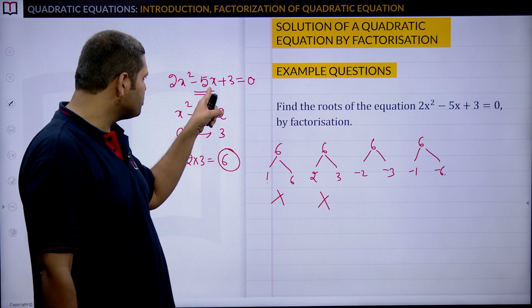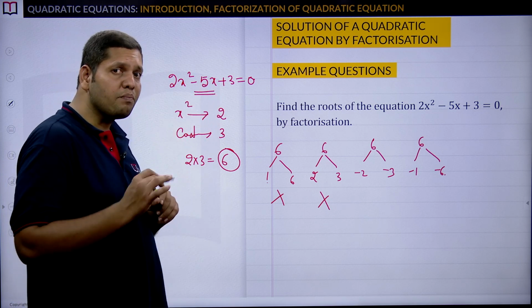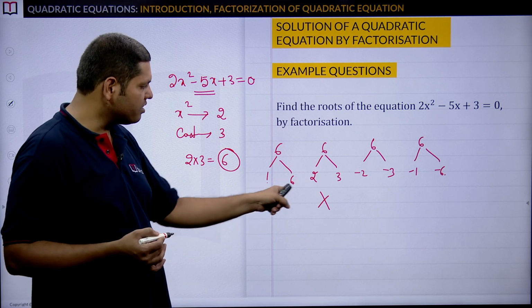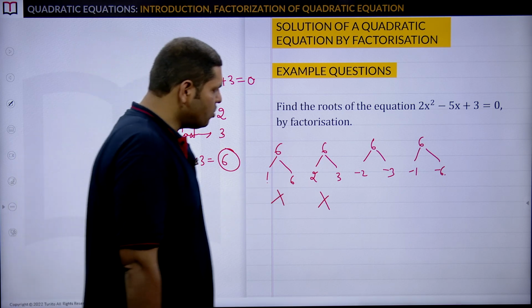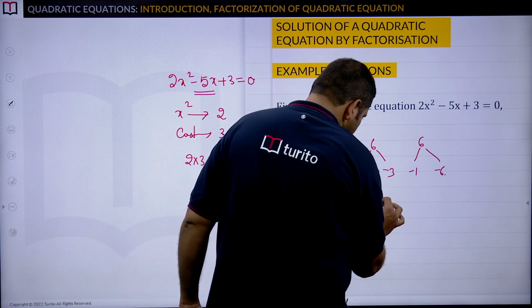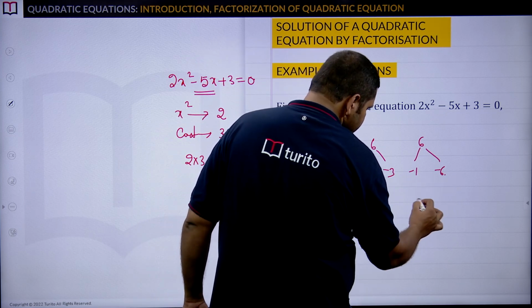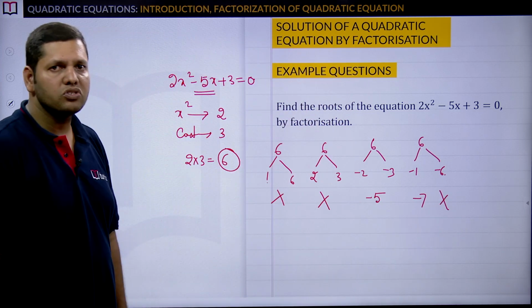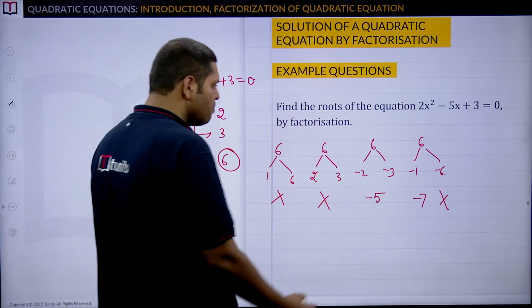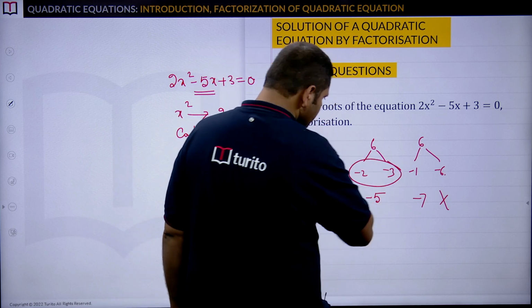Children, look at the x coefficient here, it is minus 5, so when I add these two factors, I should get minus 5. Look here, minus 2 and minus 3, here I got minus 5. Minus 1 and minus 6 gives minus 7, this also fails. Then what is the suitable combination, children? Minus 2 and minus 3 is the suitable combination.